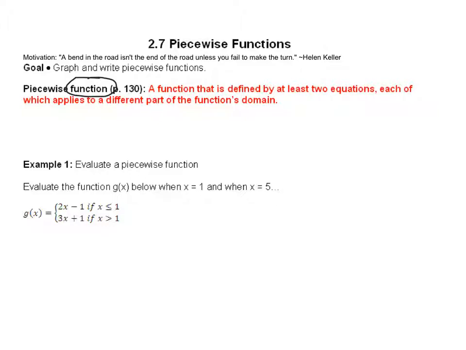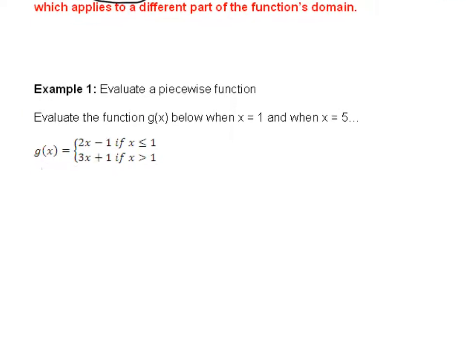Let's take a look at example 1 to find out. What they're saying here is evaluate this function g of x, first of all, in part A, when x equals 1. What's a little weird to think about is that you can't just plug x equals 1 in wherever you see an x. If we want to evaluate g of 1, we have to decide which piece we should plug it into.